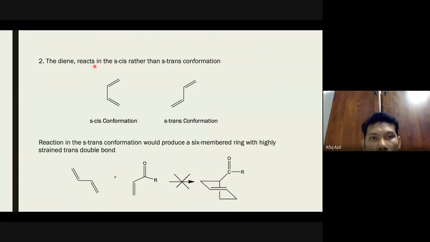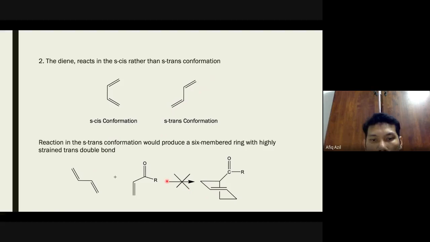The diene reacts in the s-cis rather than s-trans conformation. So that means here you have a diene, and the diene must be in this s-cis conformation. The shape must be like this. It cannot be trans, meaning one pointing up, one pointing down. If it's like this, the product formed will be highly strained.